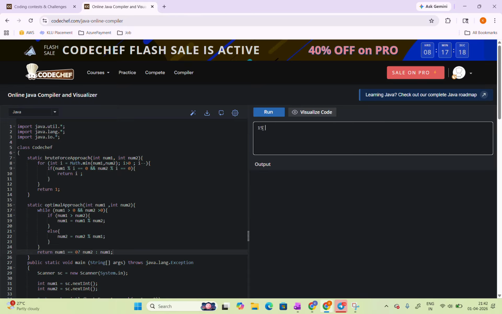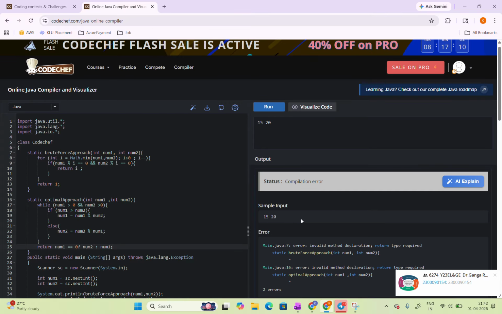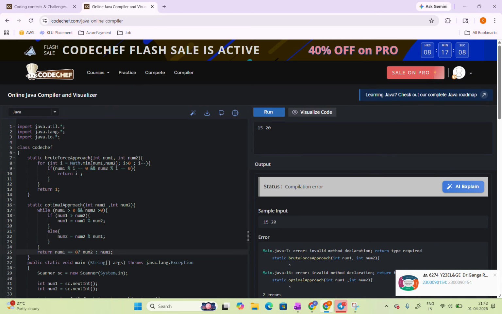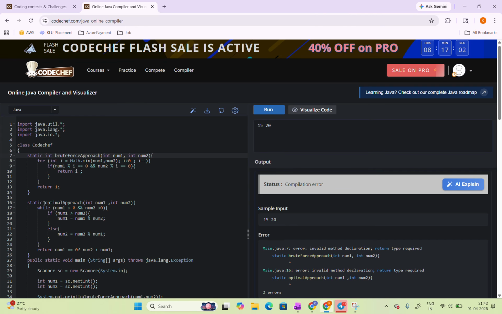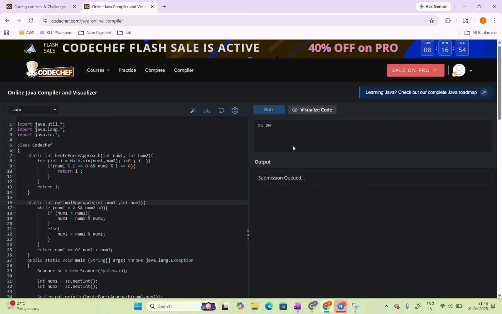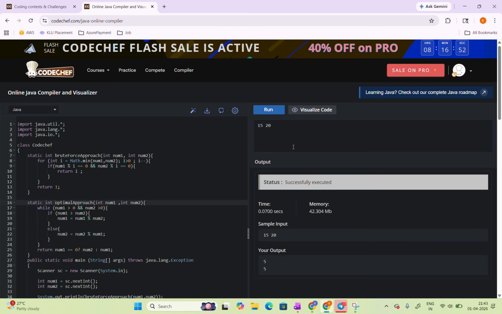Now I'm going to run it. We'll take the simple example 15 and 20. We have to get the answer as 5. Sorry, I have to mention the return type here also. Previously I used to code in Python, so I'm not focusing on the return type. Now I have to focus on it.